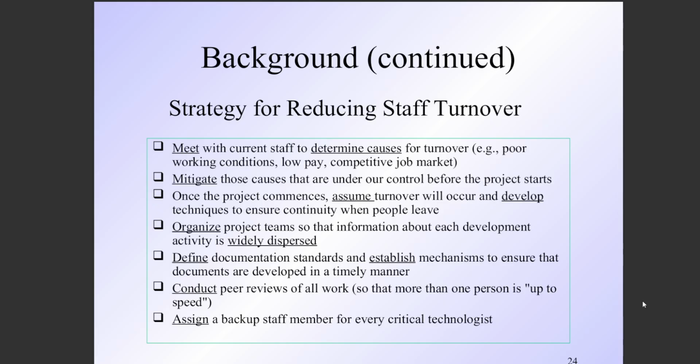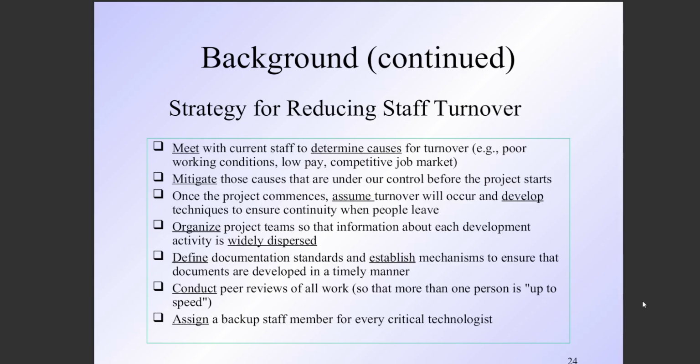Meet the current staff to determine the causes of turnover: poor working conditions, low pay, a competitive job market, maybe. Then mitigate those causes that are under your control before the project starts. Likewise, once the project commences, assume turnover will occur and develop techniques to ensure continuity when people leave. Suppose you cannot stop the turnover, you cannot force someone to work in your organization if he doesn't want to work.